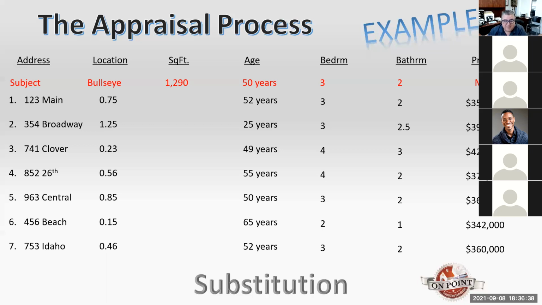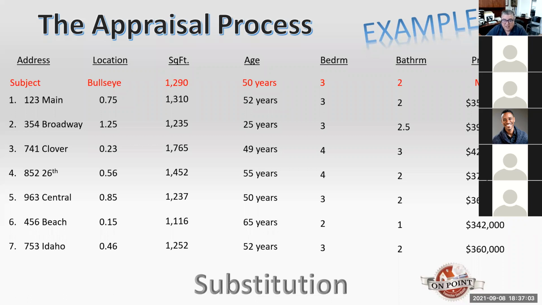Here's the real kicker. You ready for this one? What's our property worth? Square footage, it's 112 and the other one is 112. Yeah, 365. Correlating the information, we have a few highs and a few lows, but in reality it's 365.